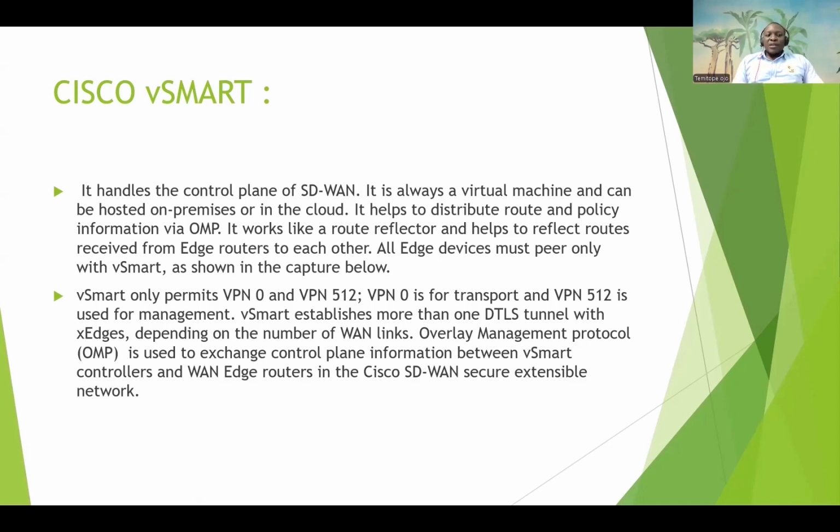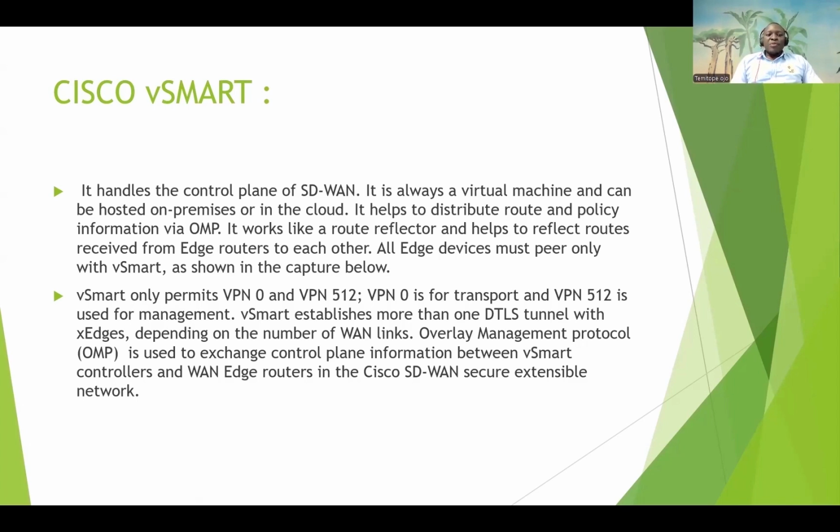Let's say you have 3 providers. It means that you have 3 DTLS tunnels connected to that router. If you have 4 providers, you have 4. Unlike vManage, where only one DTLS tunnel is established. But when it comes to the vSmart, as many transports as you have, that is the number of DTLS tunnels that will be established.